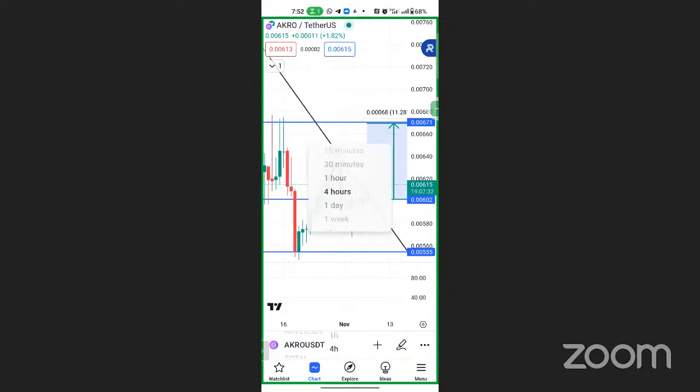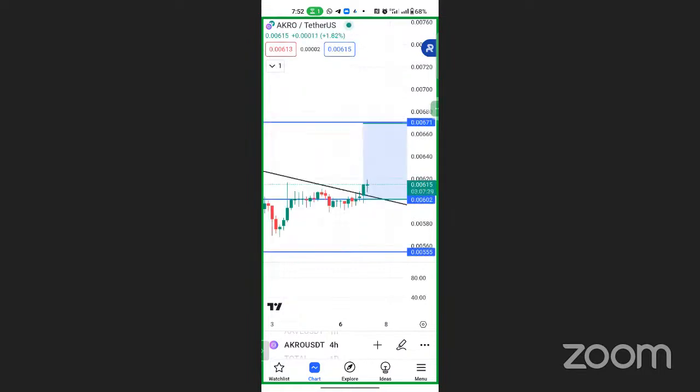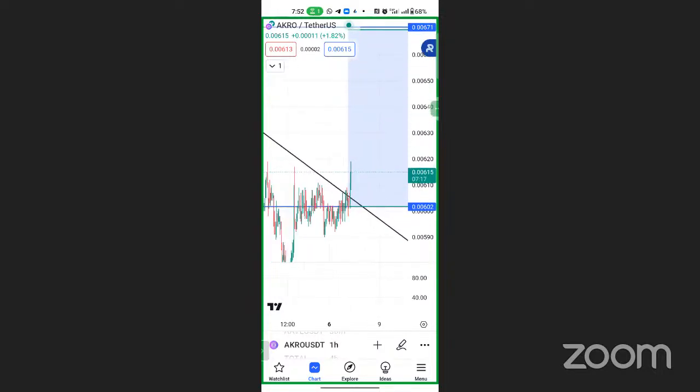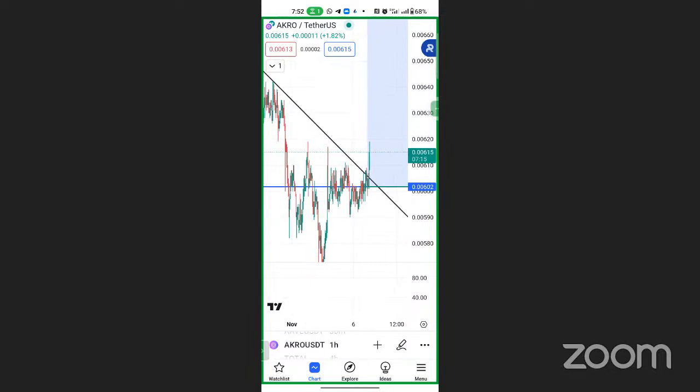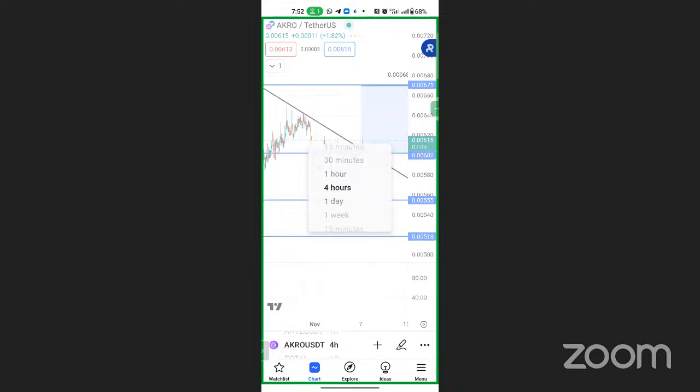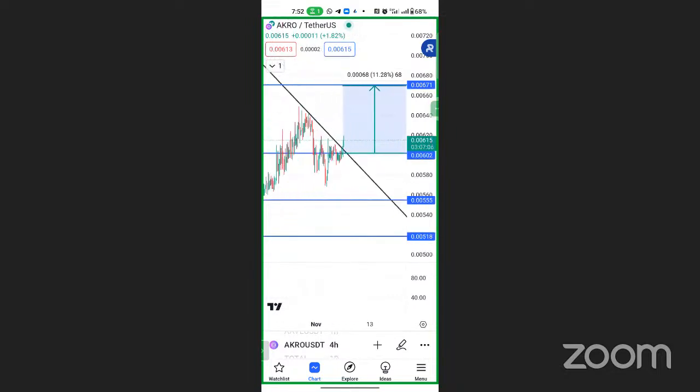This is 1 day. Let me take it to a lower time frame. This is still a 4-hour time frame. Let me take it to a 1-hour time frame. What do you see on the screen, guys? How can you interpret this chart?